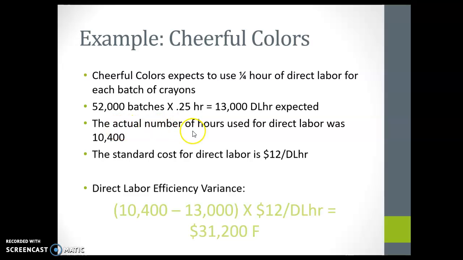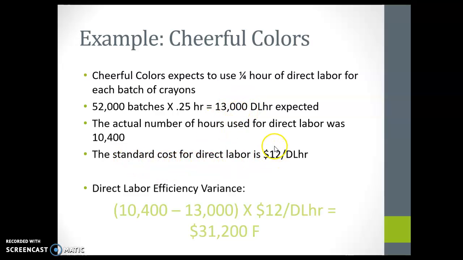However, the actual number of direct labor hours that we did use was 10,400. So 10,400 direct labor hours was less than what we thought we would use.